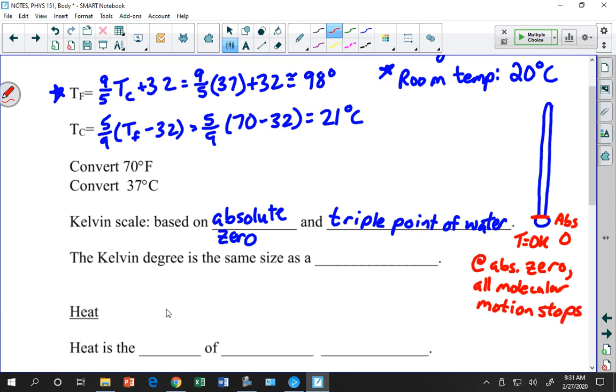When you have a material, a molecule, or an atom that is at absolute 0, everything in it stops. The electrons stop buzzing around the nucleus. They no longer move. You have nothing. There's no source of energy whatsoever. So absolute 0 is sort of a theoretical temperature, but you can't reach absolute 0.